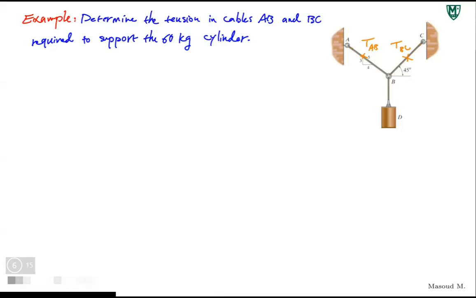So rule of thumb, to find out which part you have to isolate to draw the free body diagram for, typically we start from where we have the most information. Look at which part of the situation you're given the information for. What is the information I'm given in this case?